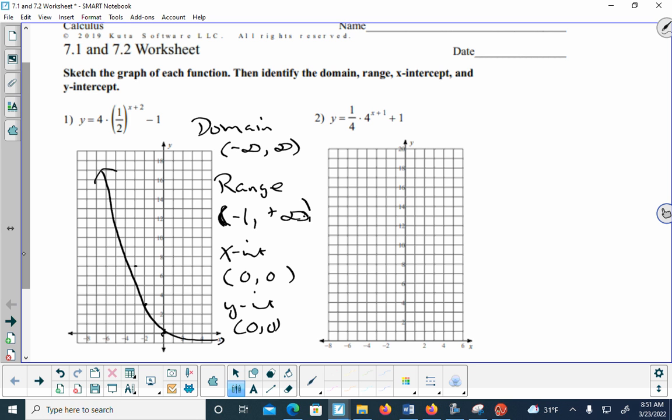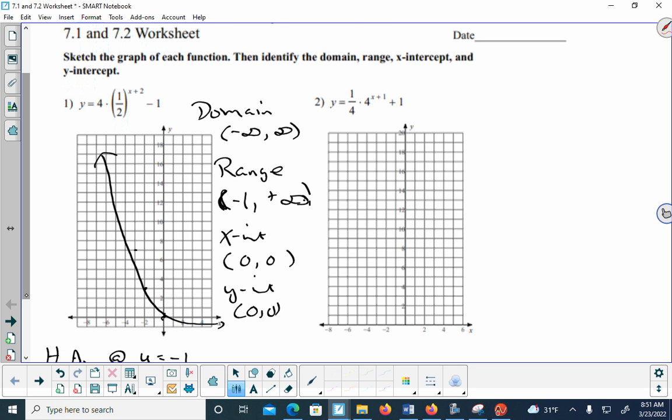All right, the next one, I have y equals 1/4 times 4 raised to x, plus 1. When I'm plotting those points, you can do it in the calculator, and the graph goes like this.